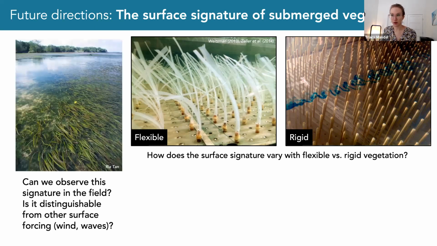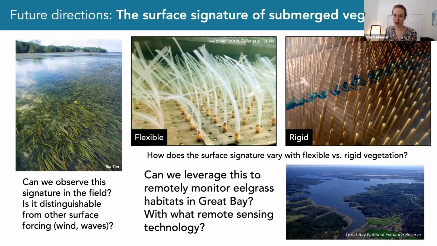We want to know, can we observe this signature in the field? And is it distinguishable from other surface forcing, things like wind and waves? And maybe the big picture here is, can we leverage this to remotely monitor eelgrass habitats in Great Bay? And what sort of remote sensing technology would be appropriate for that? So these are all ongoing questions.